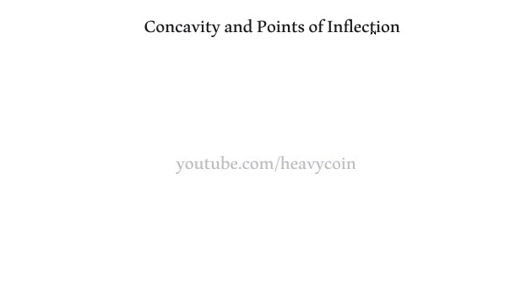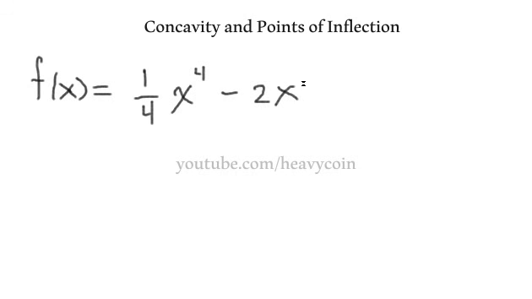Okay, so we're finding concavity and points of inflection. We're just going through and learning this stuff by me working examples out and you studying the patterns. Okay, so we have 1/4 x to the 4th minus 2x squared.